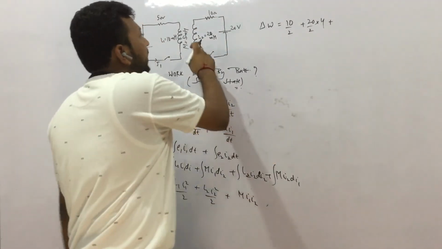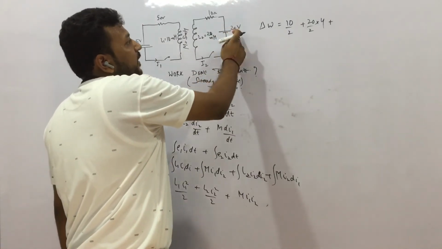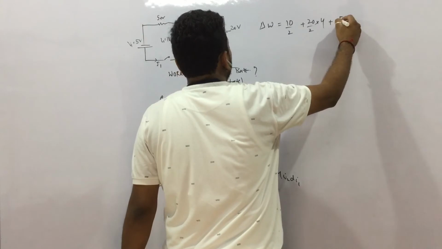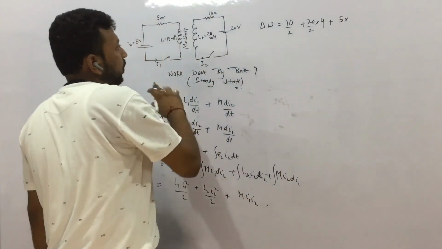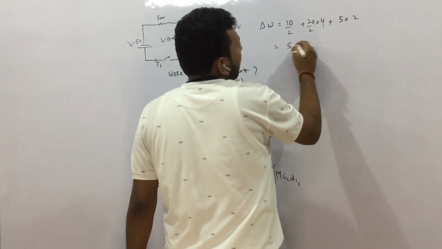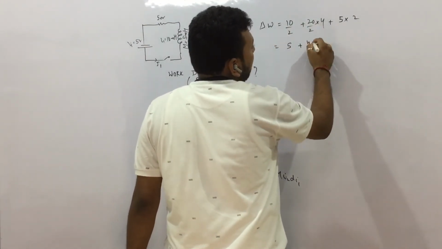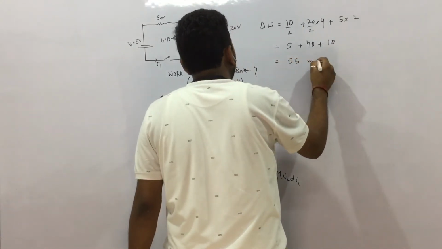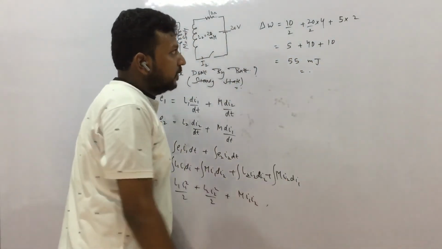In steady state it behaves like a normal wire, so the current is 20 by 10, that is 2 ampere. Plus M I1 I2, that is 5 into 1 into 2, which is 10. So 5 plus 40 plus 10, the answer becomes 55 millijoule. So this is the correct answer.